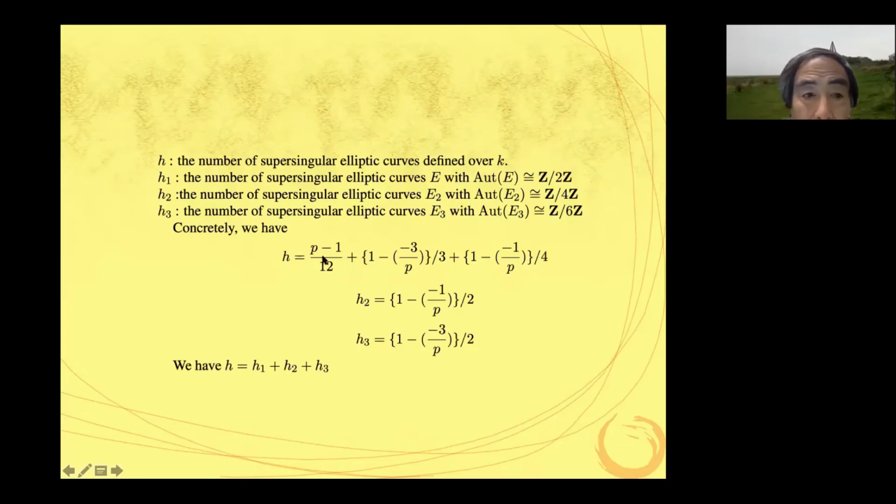Then, of course, concretely, we can express these numbers. This is the very famous formula for the number of supersingular elliptic curves. And this is the number of supersingular elliptic curves with this automorphism group, etc. Then the total number is, of course, equal to H.